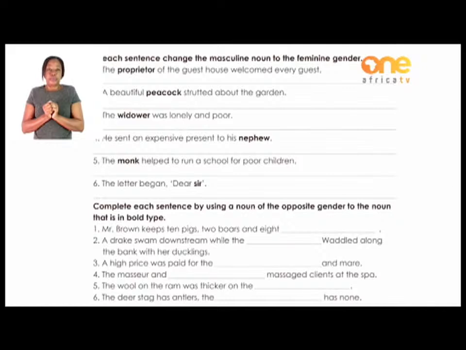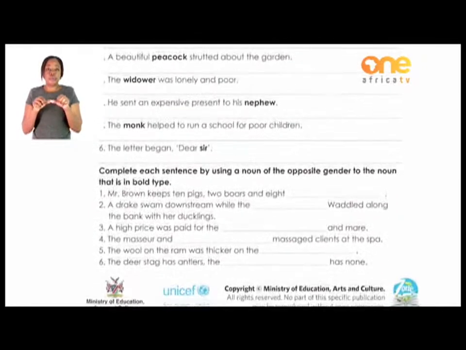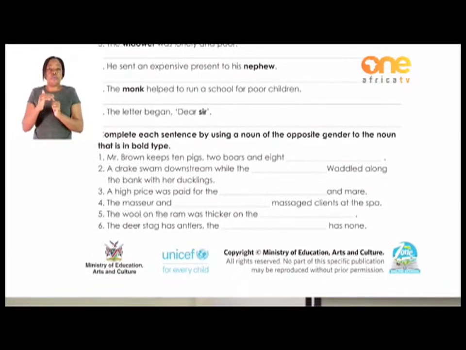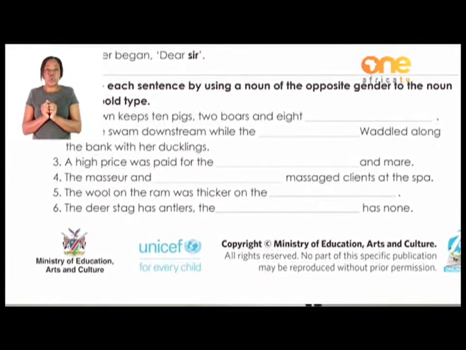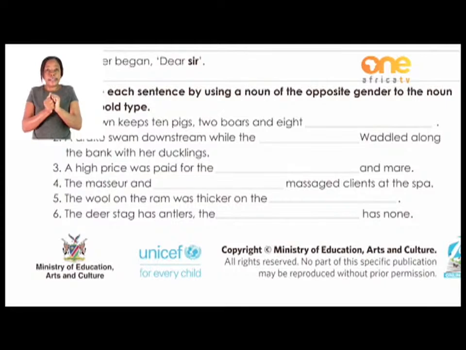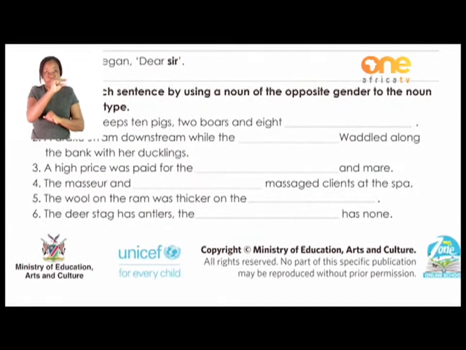Okay, so we continue with the third exercise. Now we are going to change as well. We are going to complete the sentences by using a noun of the opposite gender to the noun that is in bold type again. So we have the same exercise also there. So I just want you to change all the words which are in bold and change them to the opposite gender.